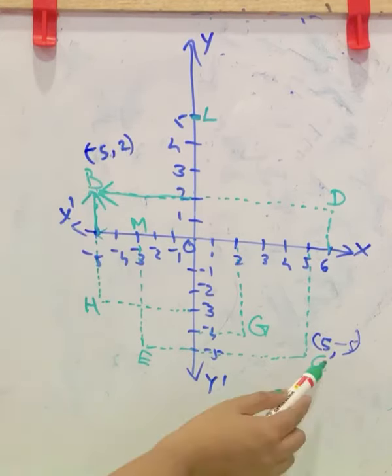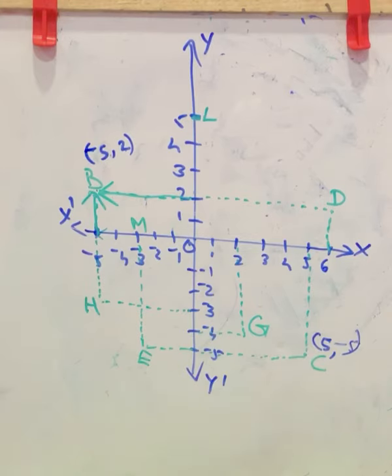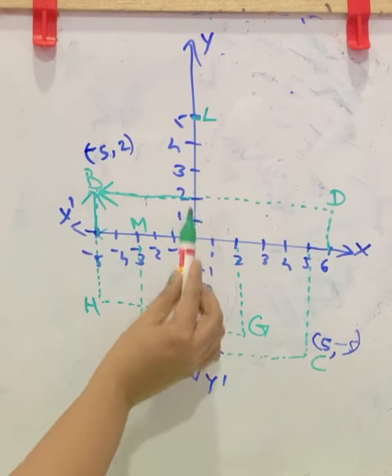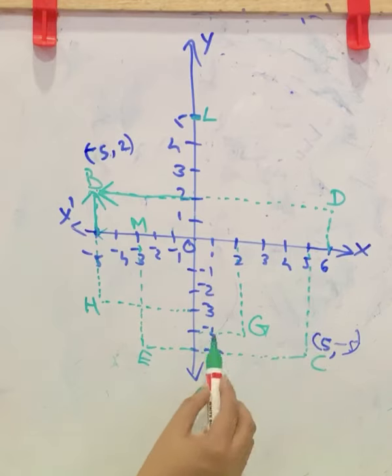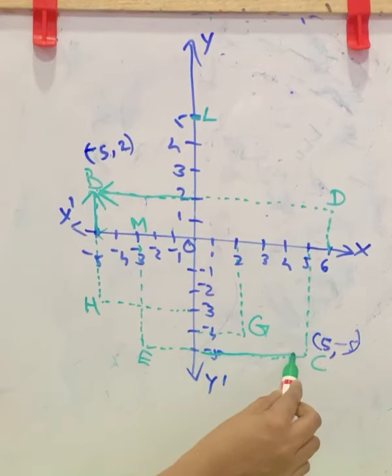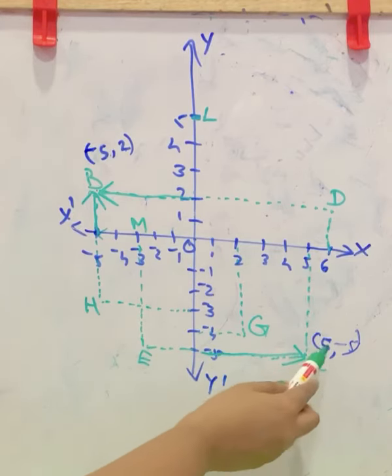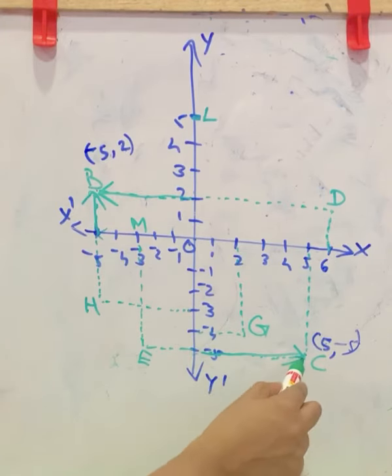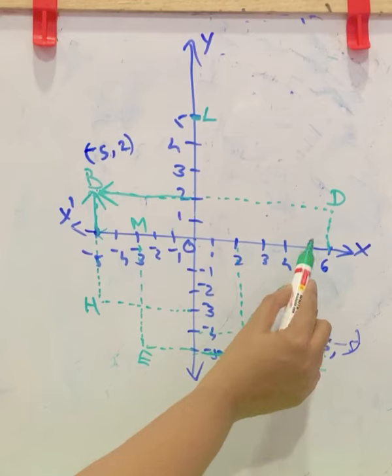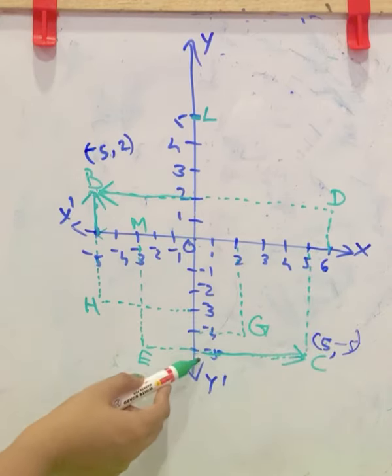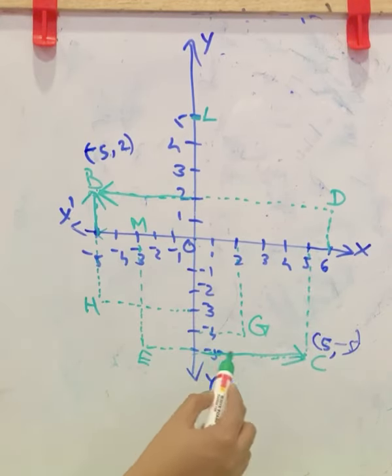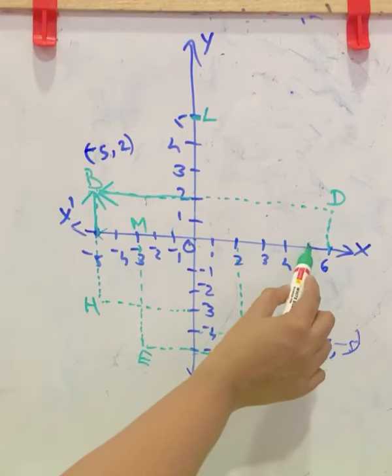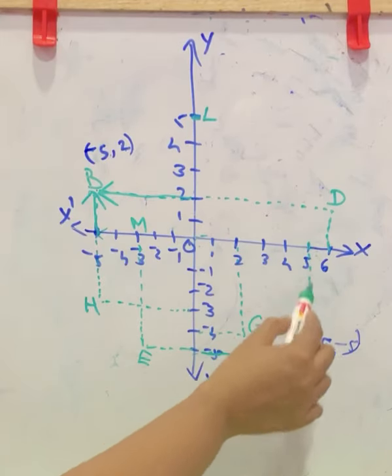Now what about this point C? First check the distance from this line to that point. That will be the x coordinate. For that we check the x-axis. Don't check the y-axis to find this gap. Here this gap is 5 because the distance is 5.